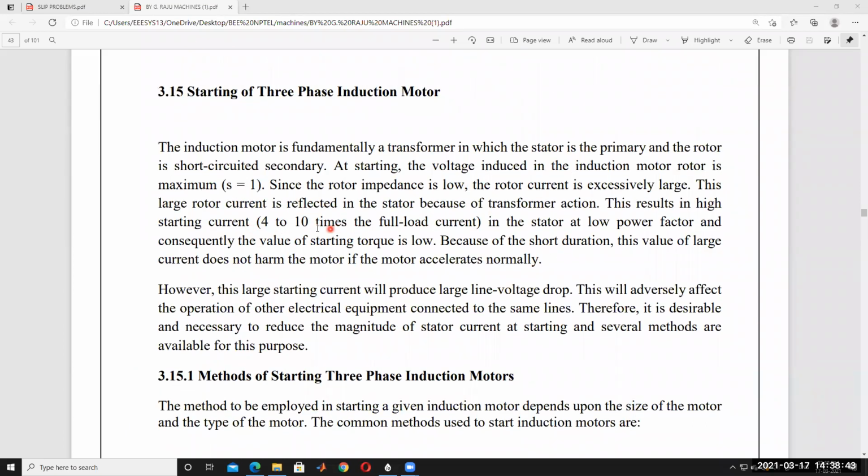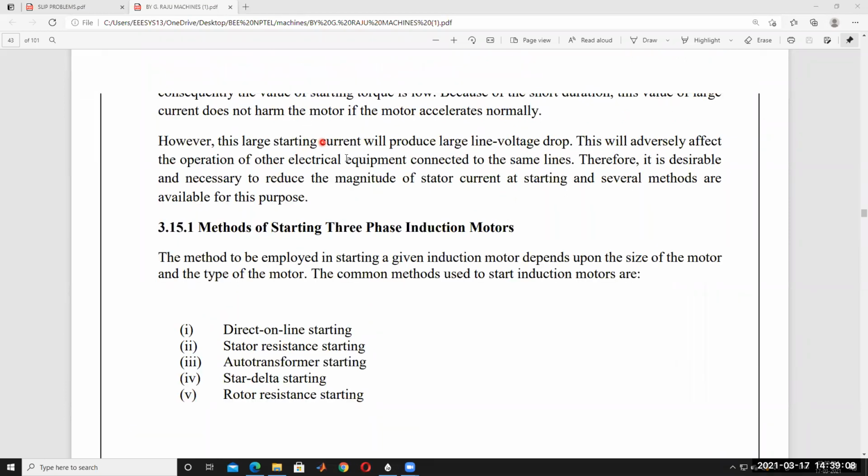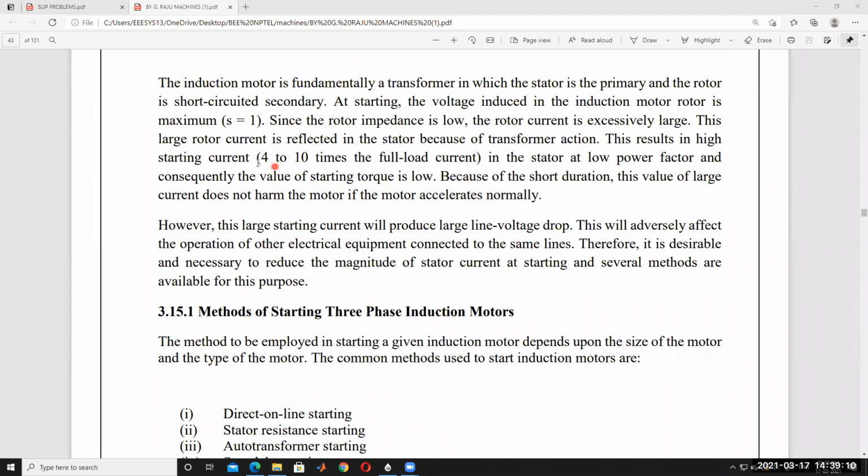Because of the high starting current, a line voltage drop is produced, and this will adversely affect the operation of other electrical equipment connected to the same line. So this is the disturbance. That's why starting methods are compulsorily required to control the starting current of a three-phase induction motor, which is 4 to 10 times the full load current.